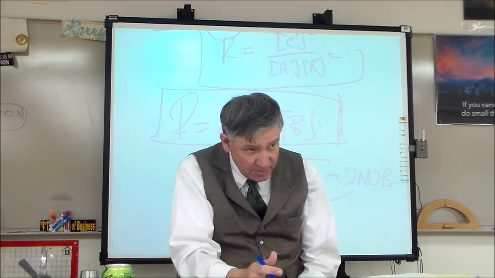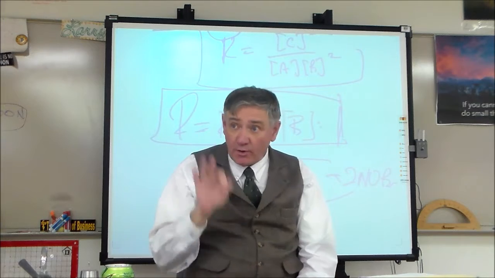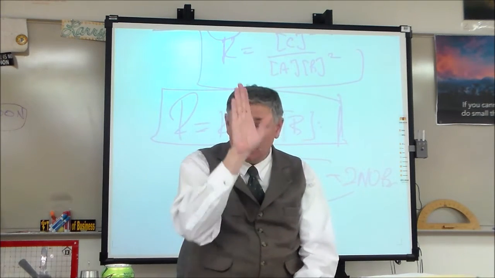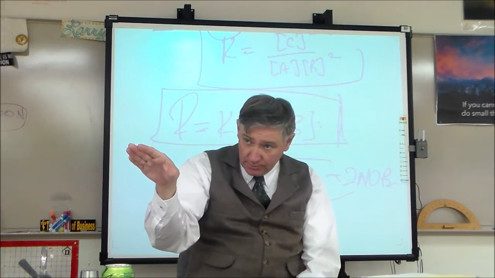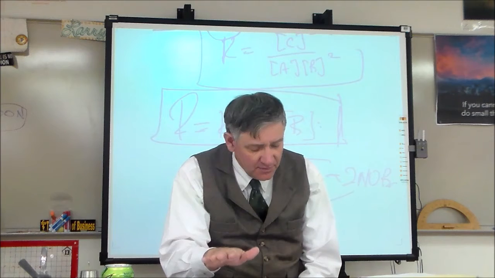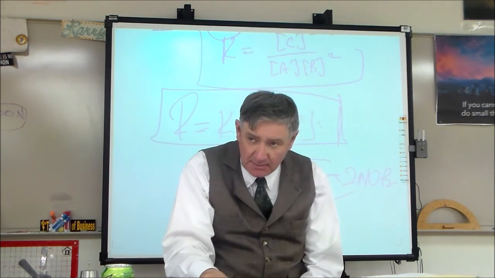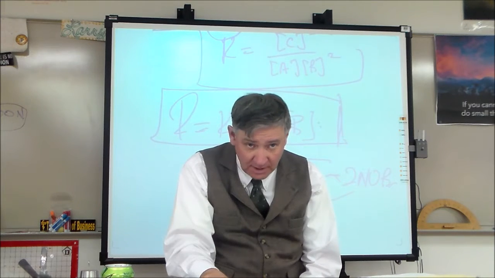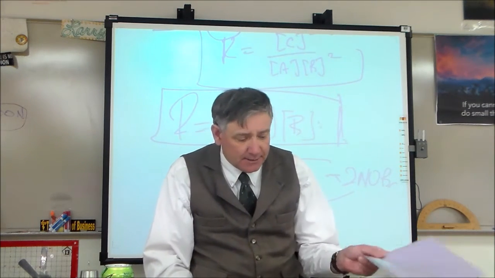It's first order with respect to the bromine. But then overall is what we call a third order reaction. So if you add those exponents up, it's actually third order, okay? So if all goes well, that rate constant K should be something times 10 to the 4th. It should be a pretty big number, all right?